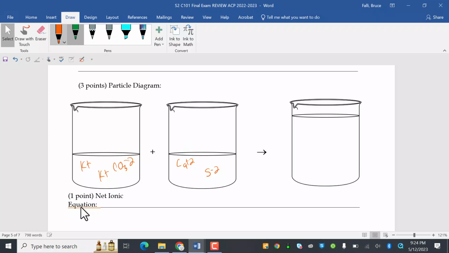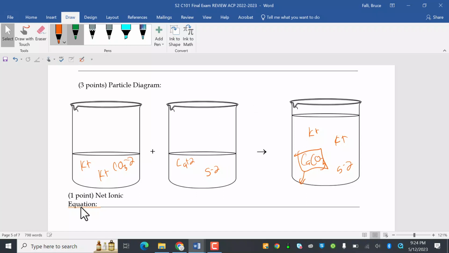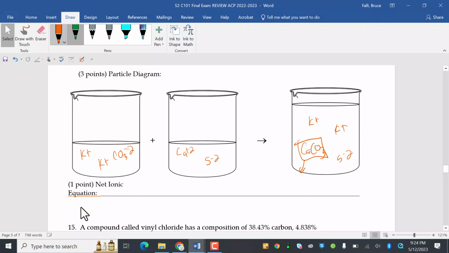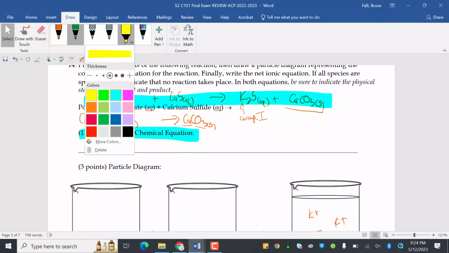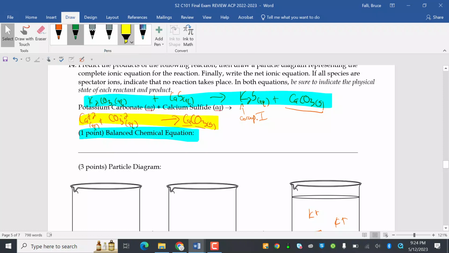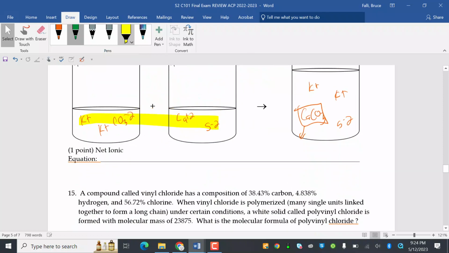Then when I mix them together, I get CaCO3 plus K positive, S negative 2. I'm going to make this in a brick, so that should be sitting on the bottom. Net ionic equation, I drew that up here. Here's my net ionic equation that you would put right here.